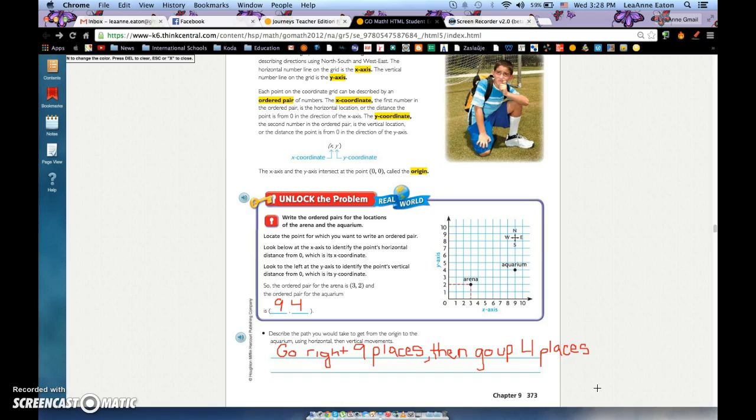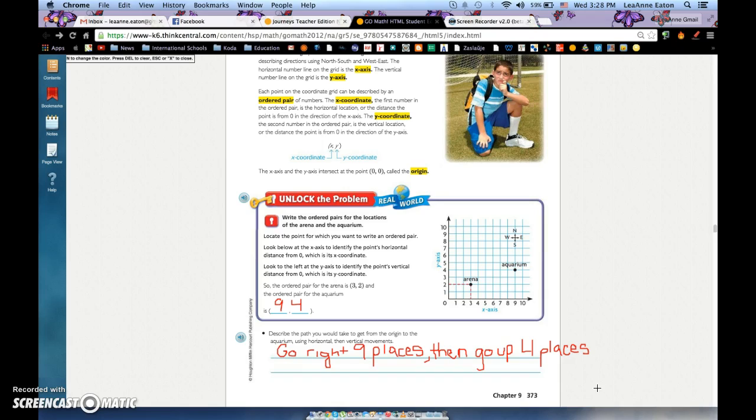Grace, can you tell me what the y-axis is? The y-axis goes up and down. Great. Let's see. Ola, can you explain what an ordered pair is? The ordered pair is 2 numbers. We have the x and we have the y.